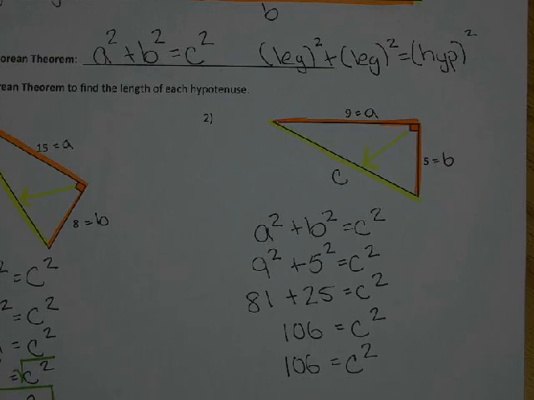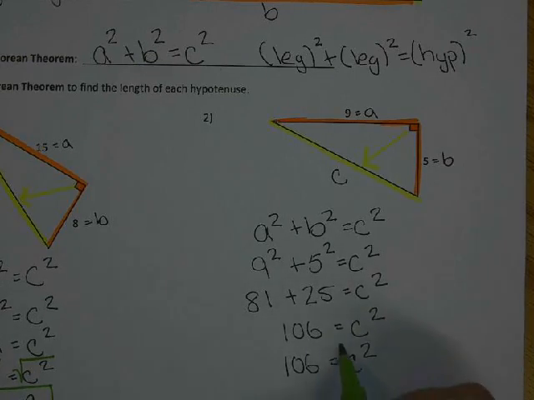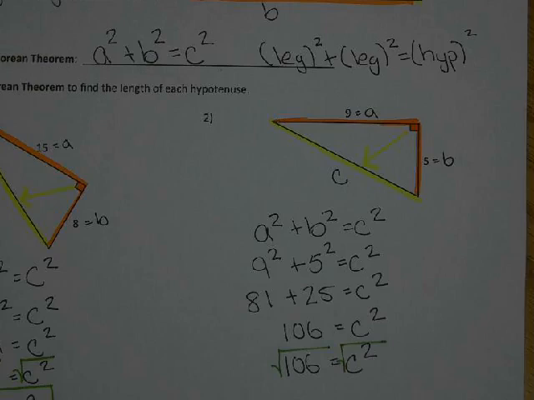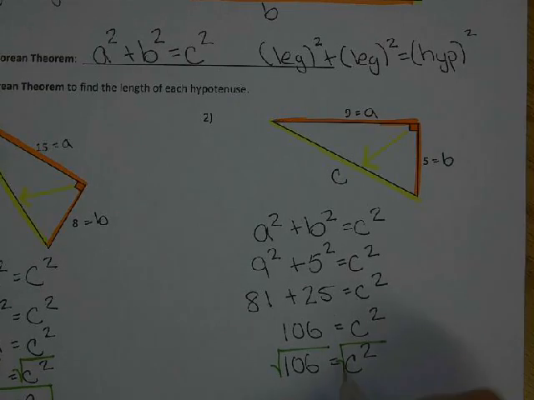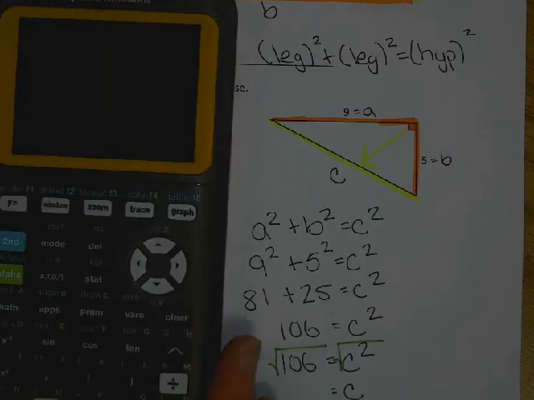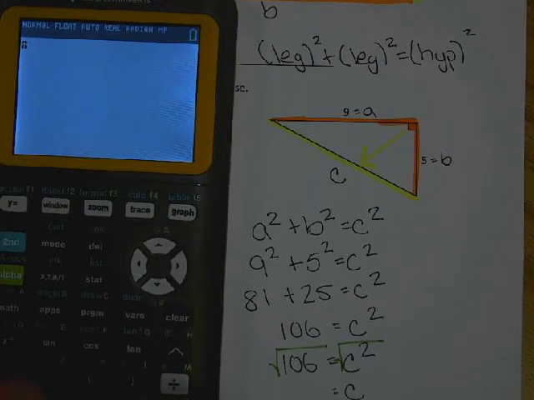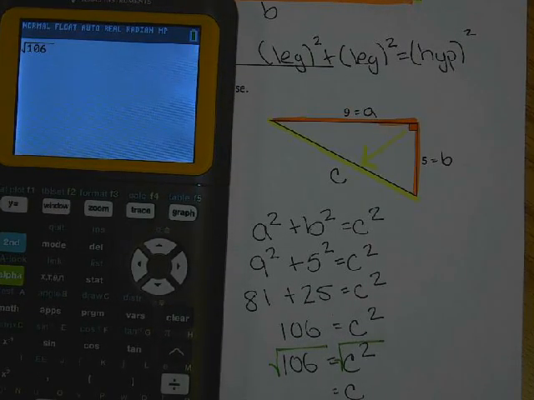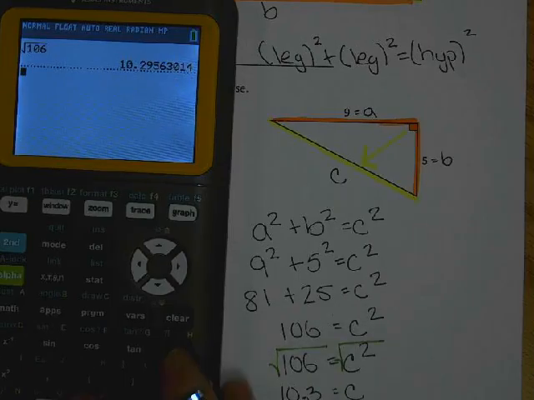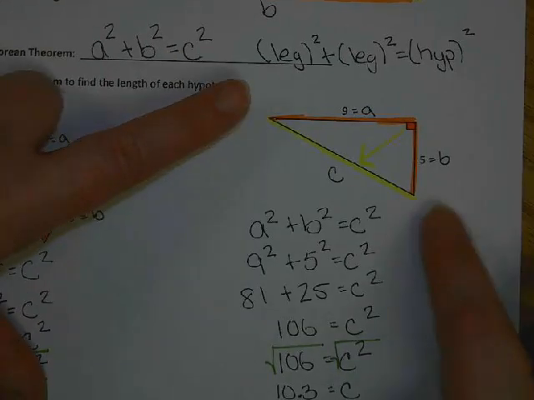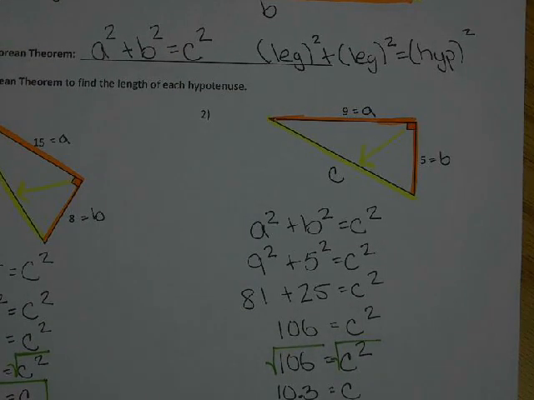You can take the square root of both sides. So we get C, and what is the square root of 106? 10.3. Okay, so the length of C is 10.3 units long.